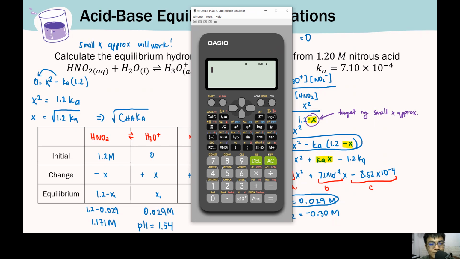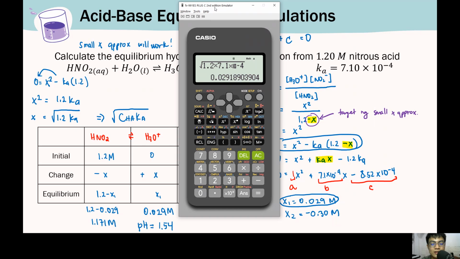So let's get the square root of 1.2 times the Ka, which is 7.1 times 10 raised to negative 4. That gives 0.029. That's the same as what we got earlier, right? 0.029.